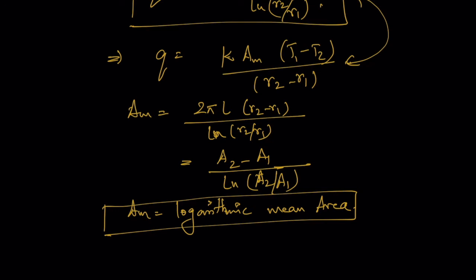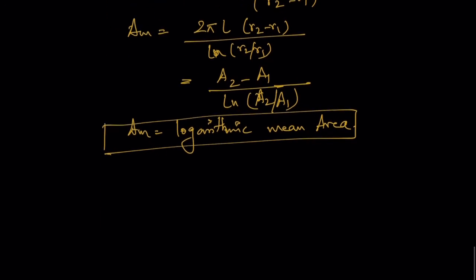Okay, so A2 is 2 pi r2 l and A1 is 2 pi r1 l.